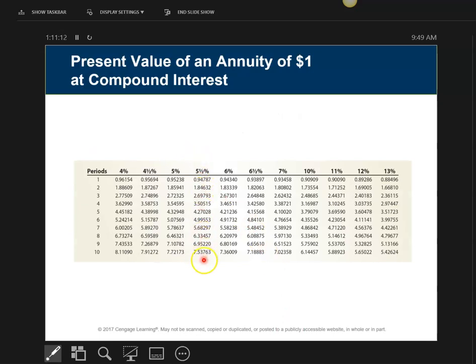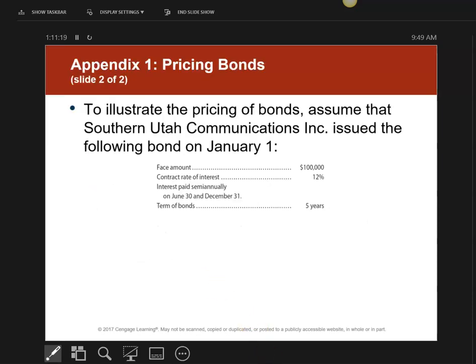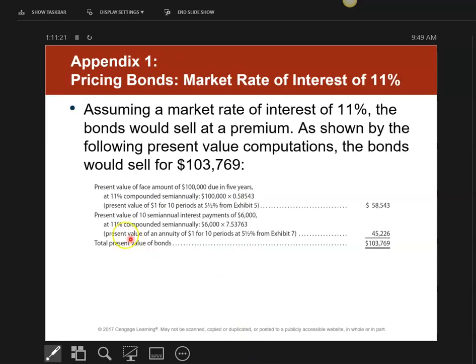And the same thing here, this multiplier times my interest payments to calculate it when I'm selling it at a premium. Here we go. 10 periods times 5.5%. There's my multiplier from the first table times 100,000 plus 10 periods at 5.5% from my second table. So that's how much I will sell it for when I'm selling it at a premium.